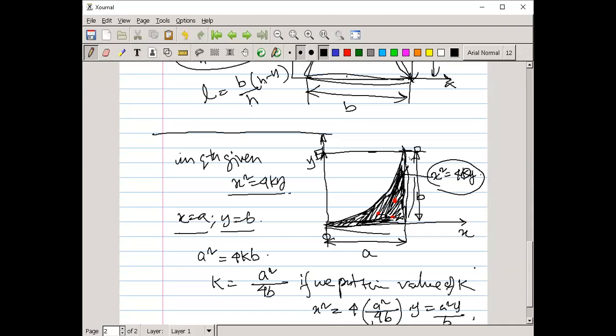Clear? So if x square is equal to a square y by b, from here, what happened?